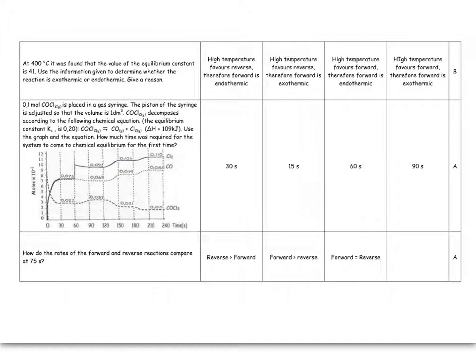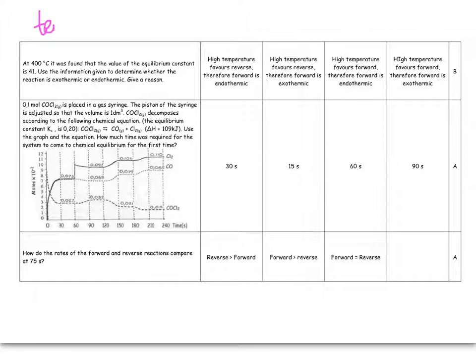At 400 degrees, it was found that the value for the equilibrium constant was 41. Use that information to determine whether that reaction was exothermic or endothermic, and we're still talking about the previous reaction that was given to us. The Kc value decreased from 67-ish down to 41. So let's see.